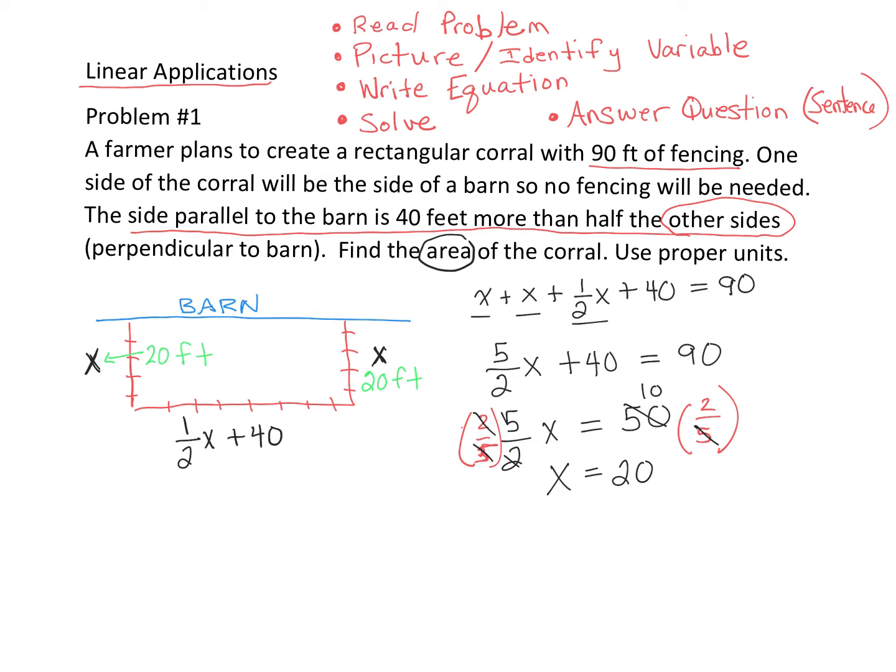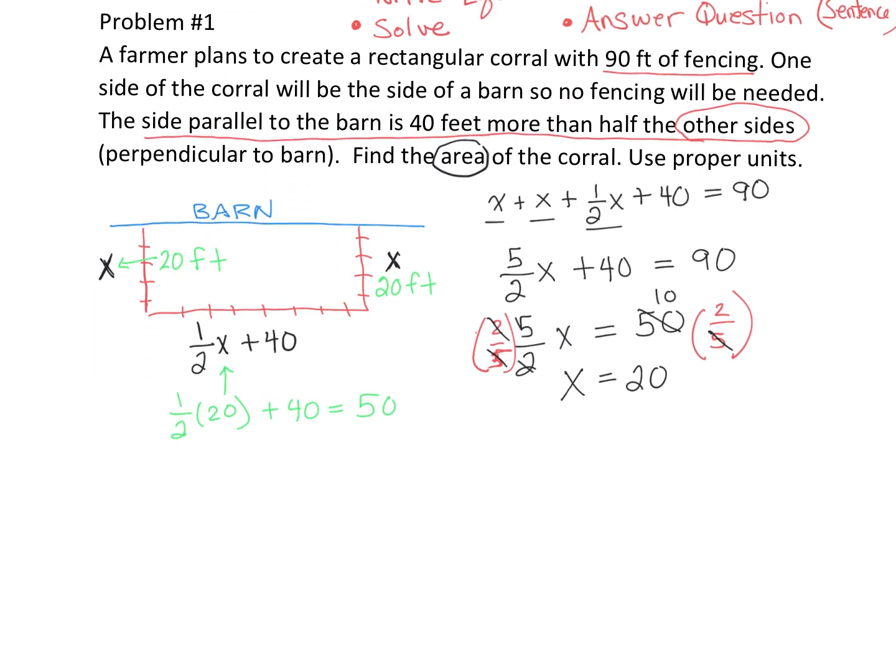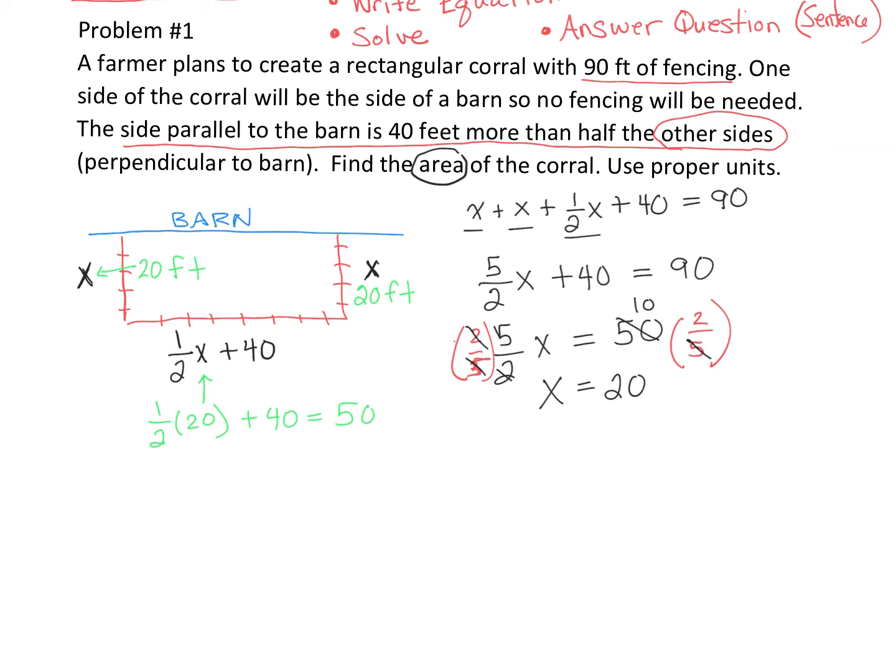And if I plug in 20 here, 1/2 of 20 plus 40, we're going to get 50. So we have this rectangle. I'm going to redraw it here. Here's my barn. And here's my fencing. And it's 20 and 20.